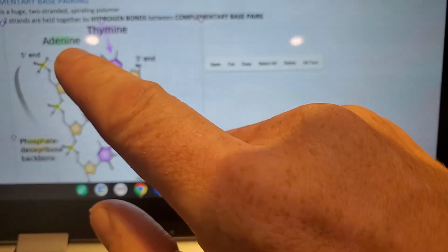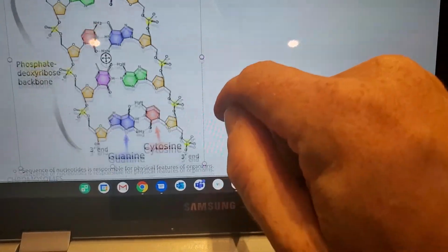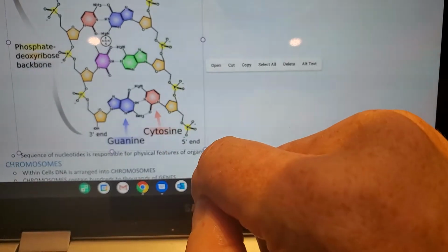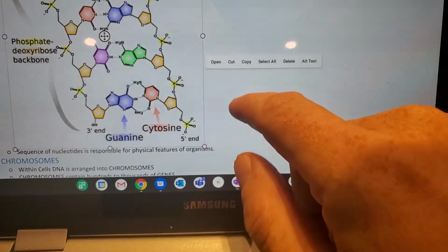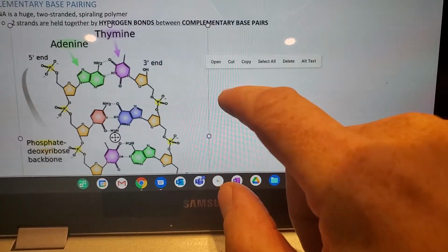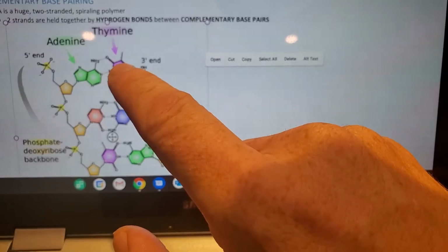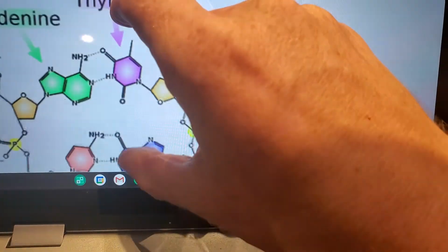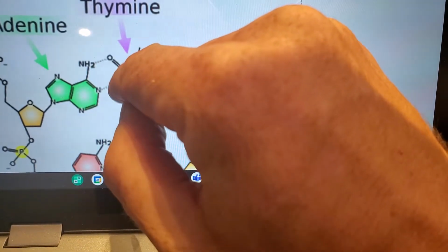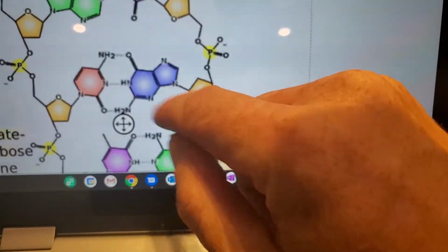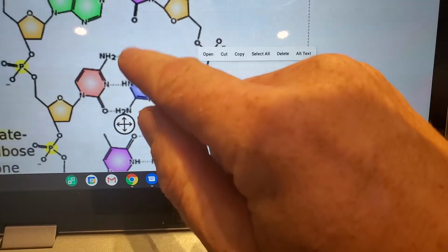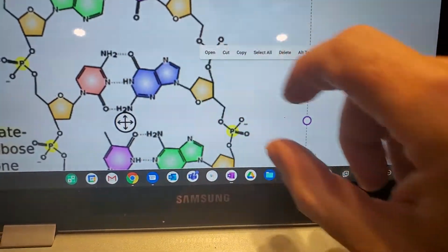The bases are adenine, thymine, guanine, and cytosine. Guanine can only pair to cytosine, and adenine can only pair to thymine. You can see adenine and thymine make 2 hydrogen bonds, and that's how they pair. Guanine to cytosine makes 3 hydrogen bonds.